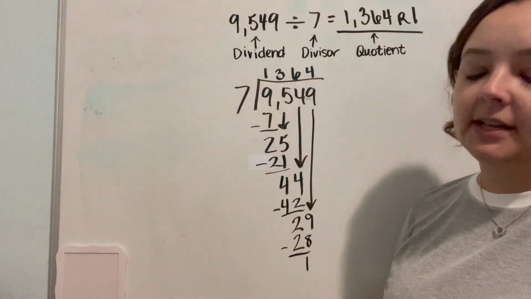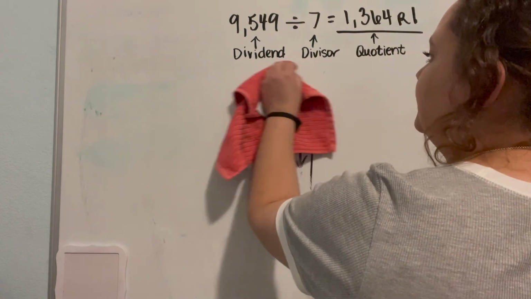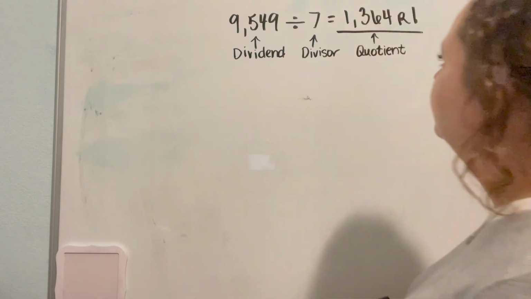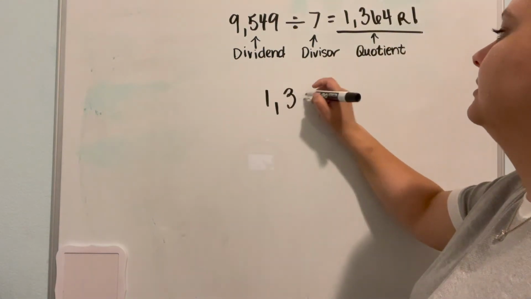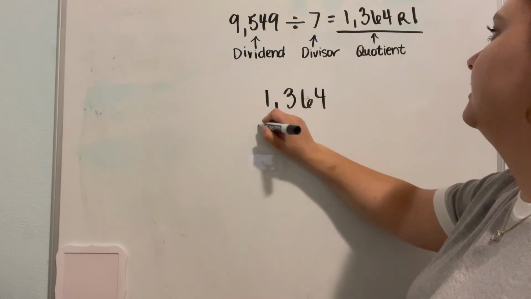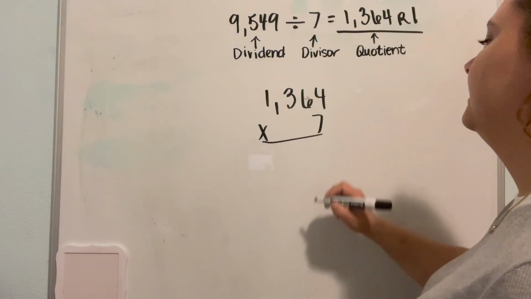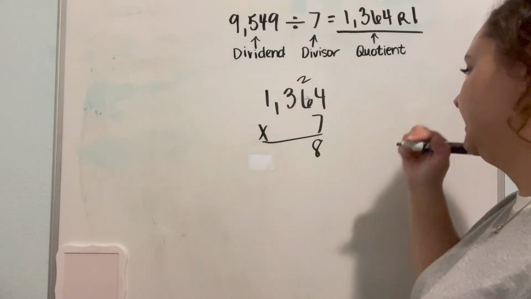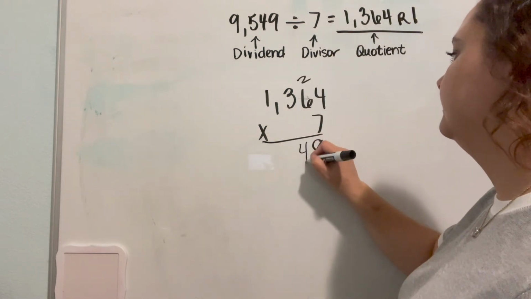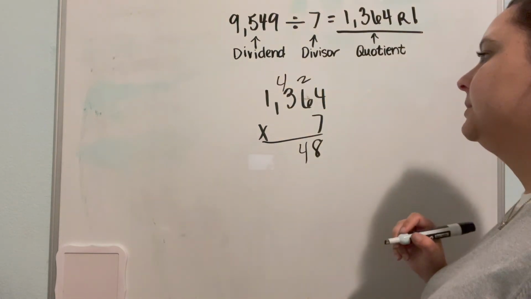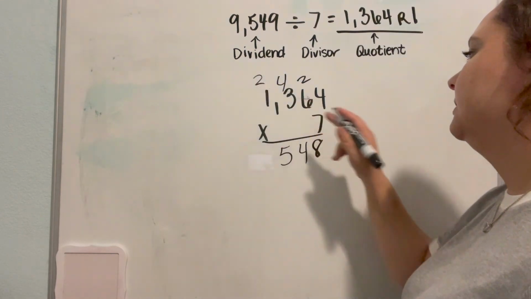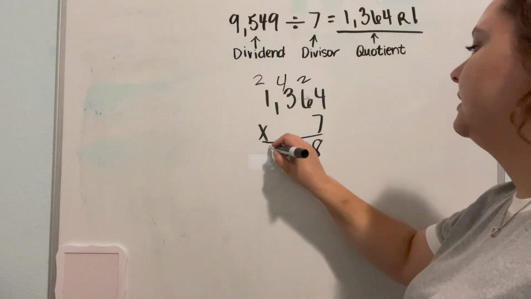Now I'm going to check my answer using the inverse operation. And if I get my original dividend, I am right and I can be done. So I have 1,364 times 7. 4 times 7 gives me 28. 6 times 7 gives me 42, plus 2 is 44. 3 times 7 is 21, plus 4 is 25. 1 times 7 is 7, plus 2 gives me 9.